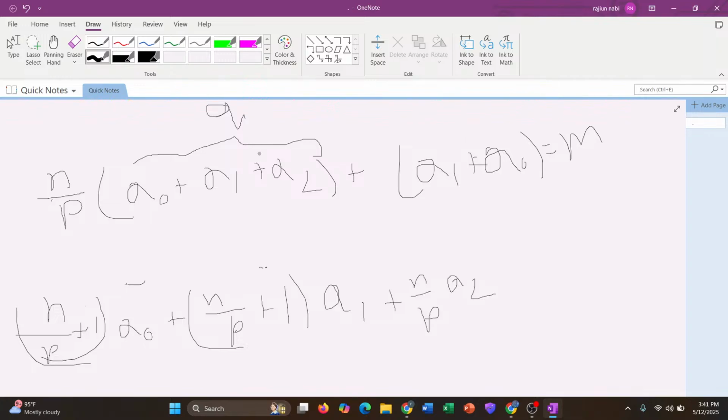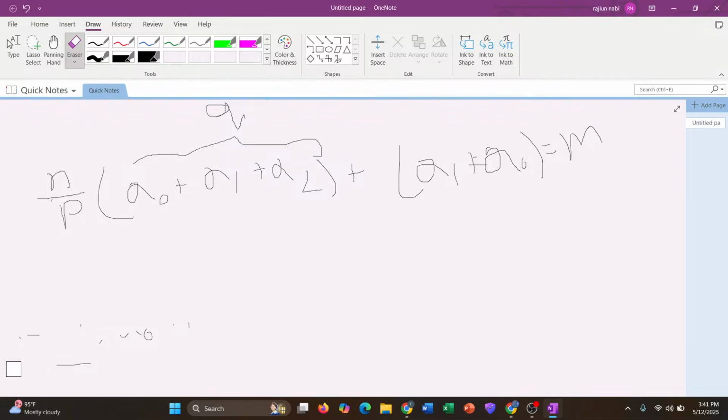And what type of equation can we make? We can write it as n by p times q plus m minus n by p times q, right?